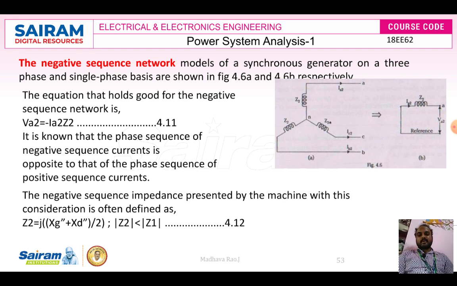Here the negative sequence impedance presented by the machine is often defined as Z2 is equal to j into (Xg double dash plus Xg double dash) by 2. So here the negative sequence impedance is less than the positive sequence impedance.